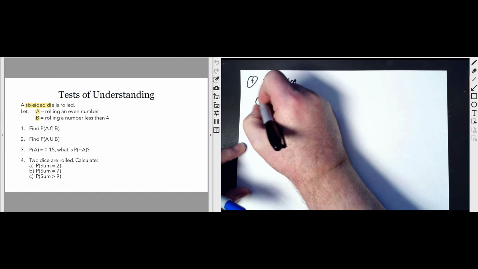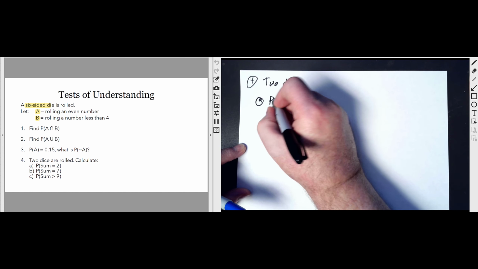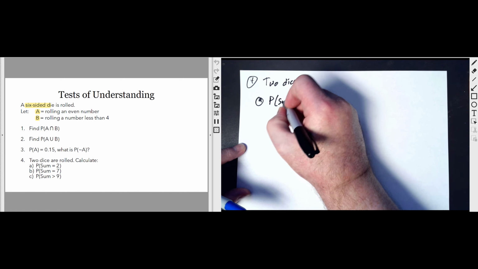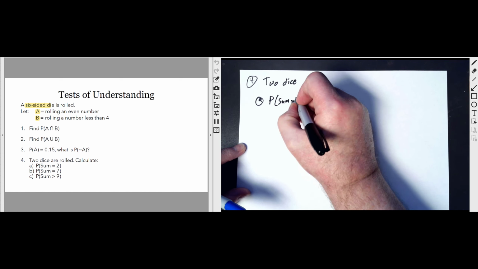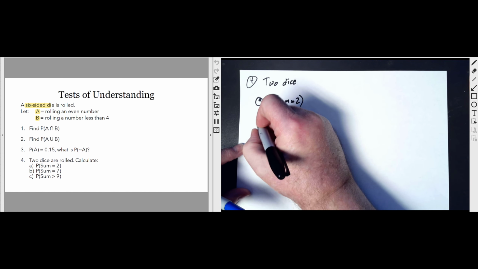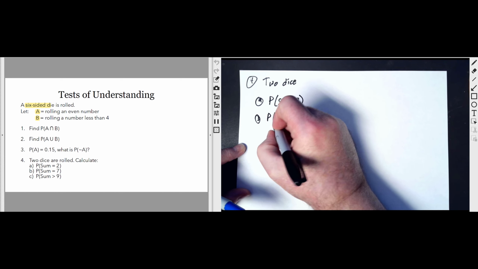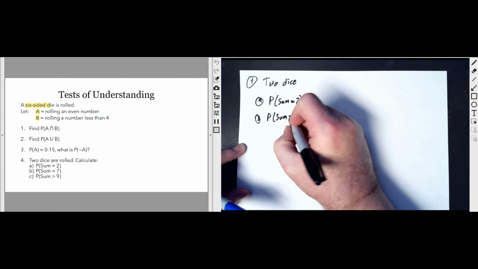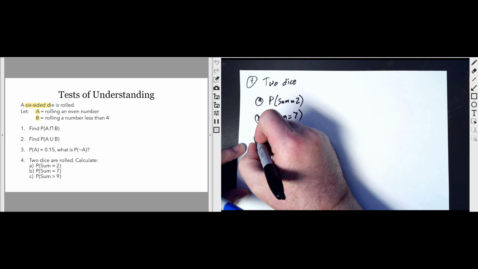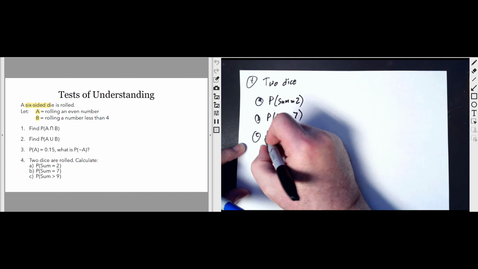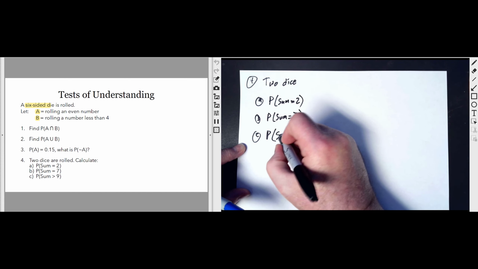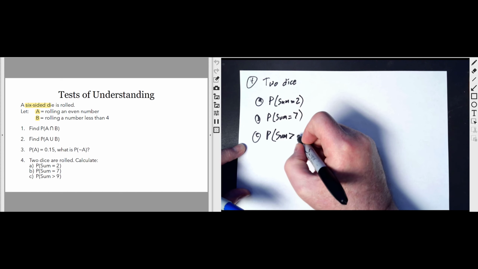And we want A, the probability that the sum of the pips is 2. B is the probability that the sum is 7. And C is the probability that the sum is greater than 9.